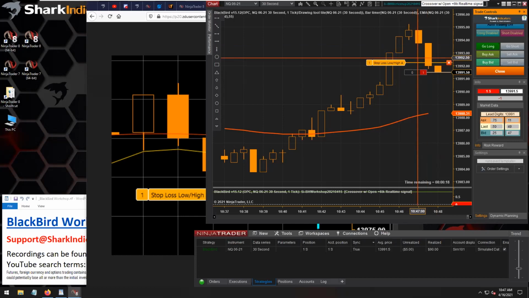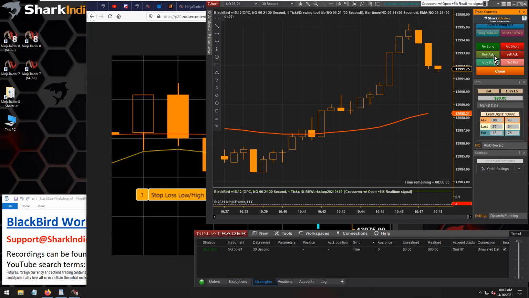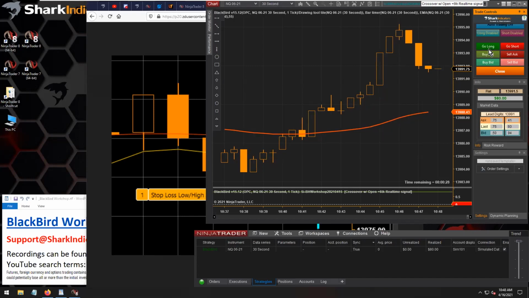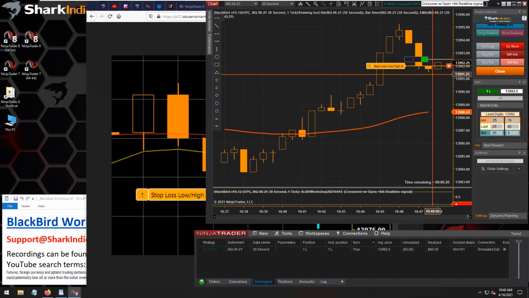We can see the stop loss started at the high of the bar and then moved to the close plus a tick. There we go. Now, if I move the market up, and there we have it.